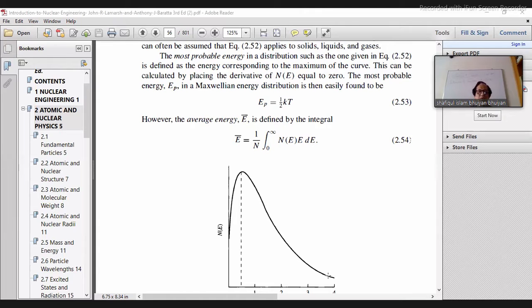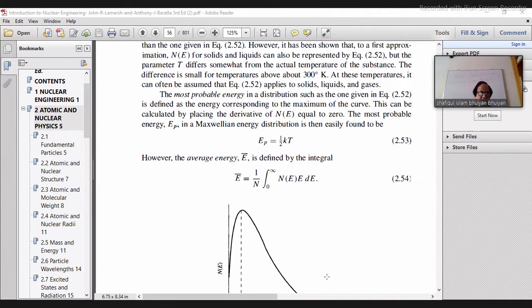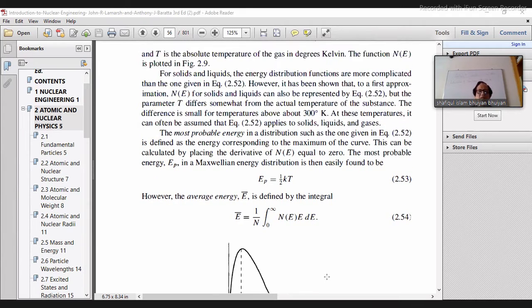So there we shall have to use it while solving the transport equation or the diffusion equation for various energy regions, say fast and thermal and so on. That's why I'm using it.